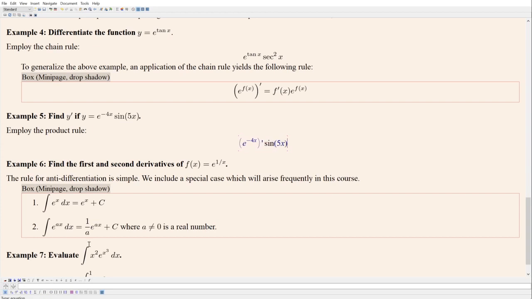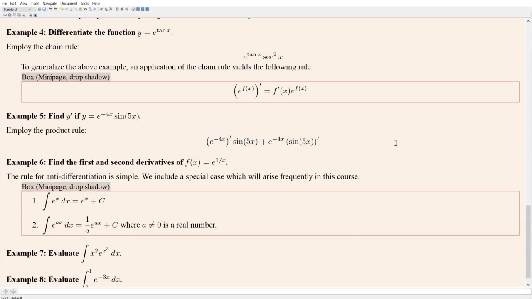So leave sine 5x alone, differentiate e to the minus 4x, plus leave e to the minus 4x alone, differentiate sine 5x. Right, that is the product rule.